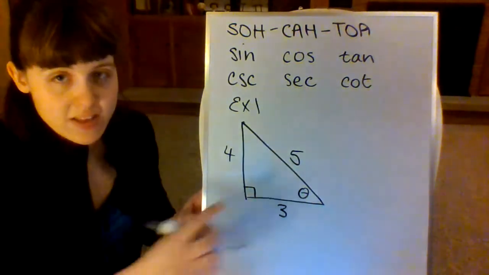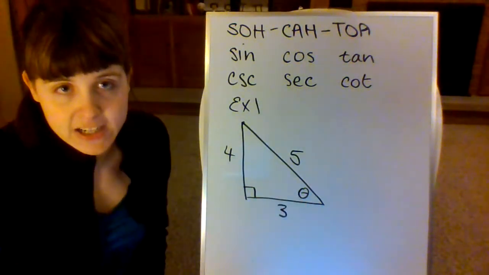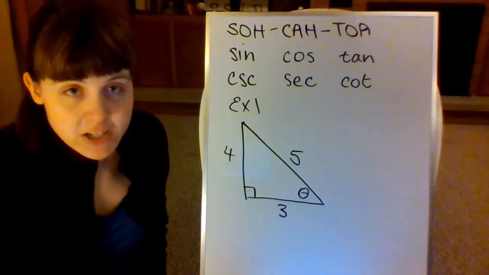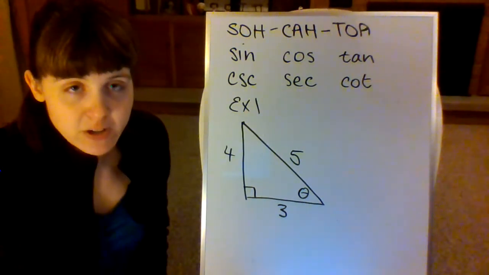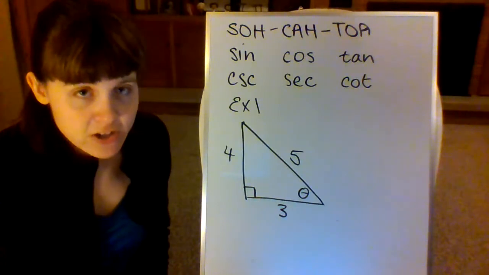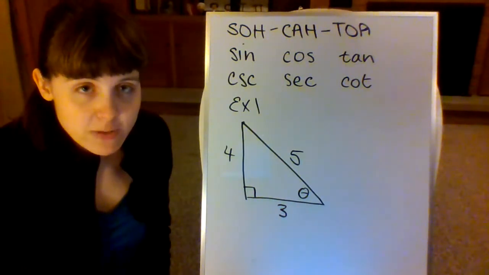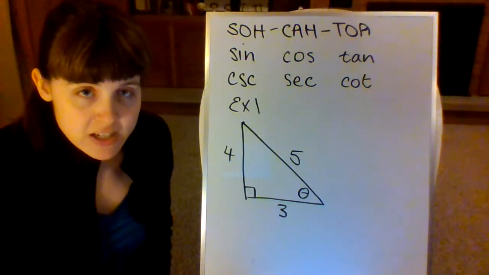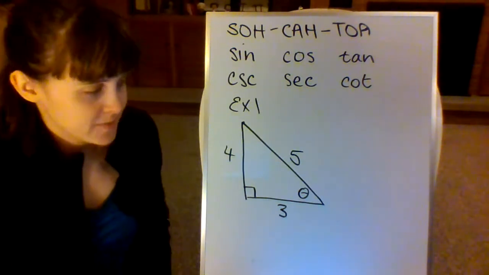Now, if you remember, this symbol down here is called theta, and it's just an angle measurement. So we're going to use that as our starting point for figuring out what sine, cosine, and tangent are. And then once we have those three, we'll just flip them over for the other three, cosecant, secant, and cotangent.